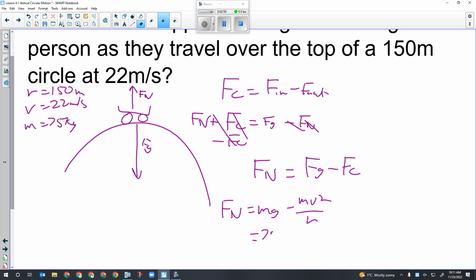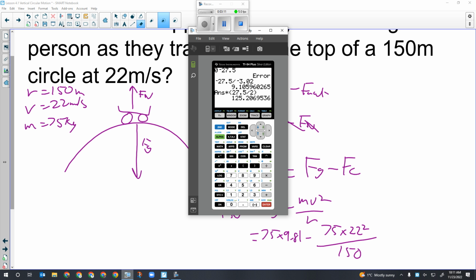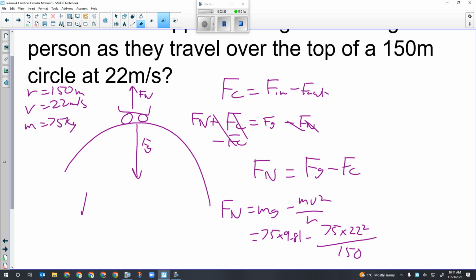So that'll be 75 times 9.81 minus 75 times 22 squared divided by 150 meters. So 4.9 times 10 to the 2 newtons up would be our apparent weight.